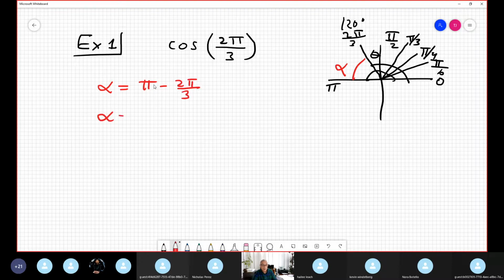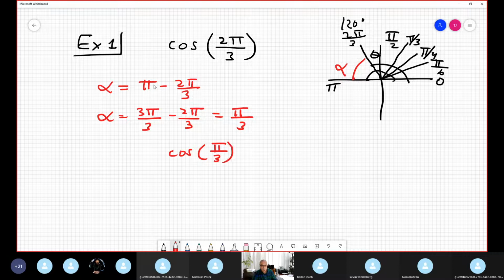But the easy way is pi is 3 pi over 3 minus 2 pi over 3. It's obvious when you have the same denominator, pi over 3, because it's 3 minus 2, which is 1. Okay, so I know that the value of cosine pi over 3 is the same, at least in magnitude, as cosine 2 pi over 3. Okay, I know by memory that this is 1/2.